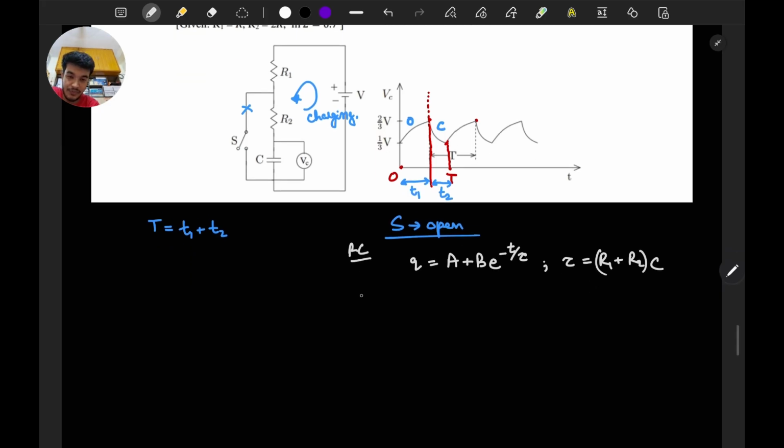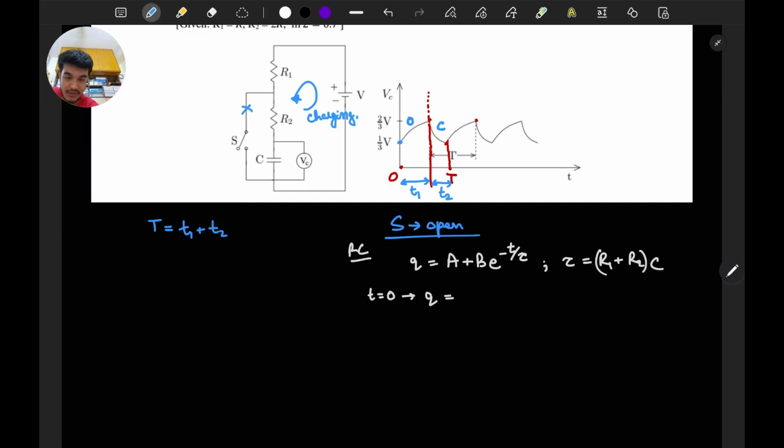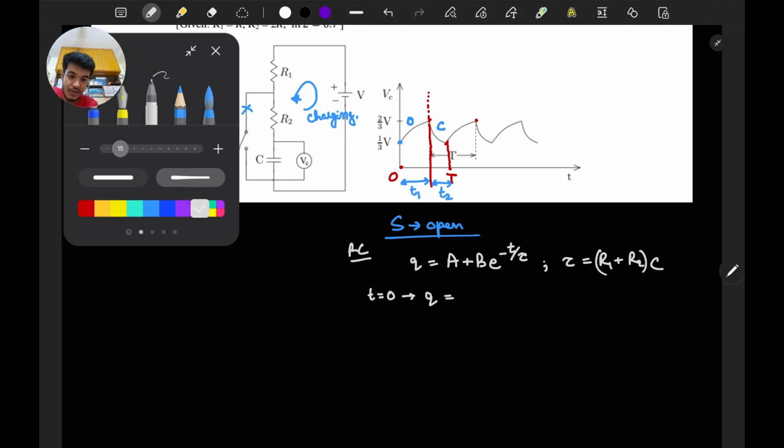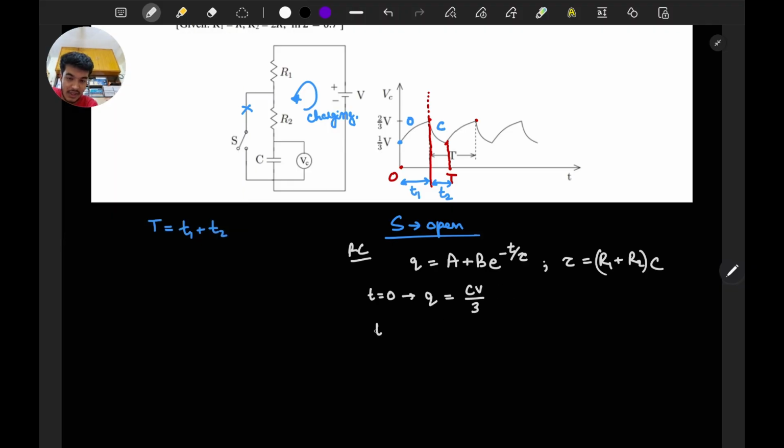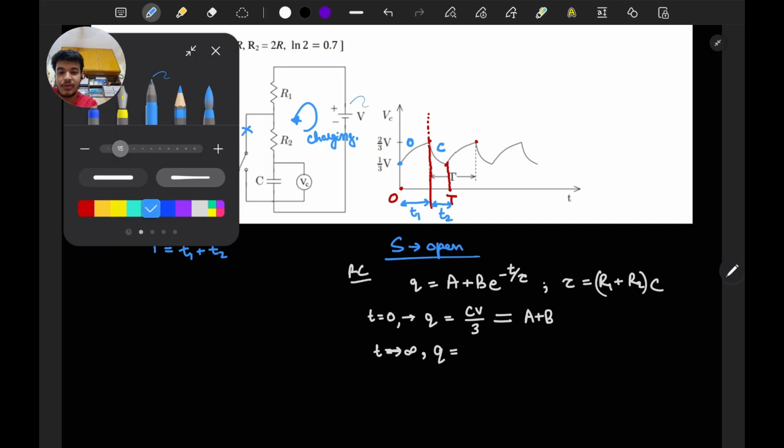All right. Now, let us apply some conditions. For t equal to 0, the voltage here is V by 3, so Q is CV by 3, which is basically equal to A plus B. And at t tending to infinity, if this was kept for a long time to achieve steady state, then Q would have been the entire potential difference across the cell.